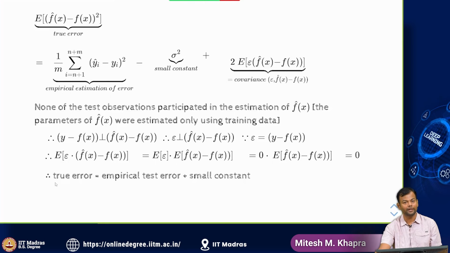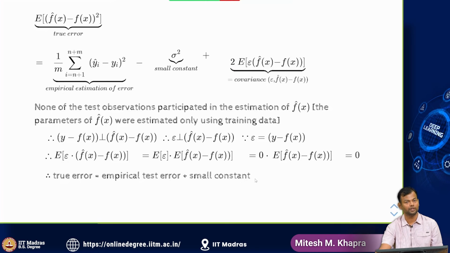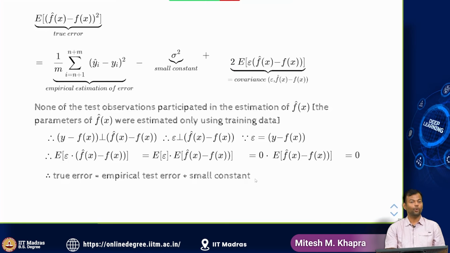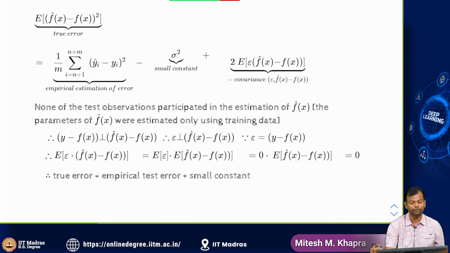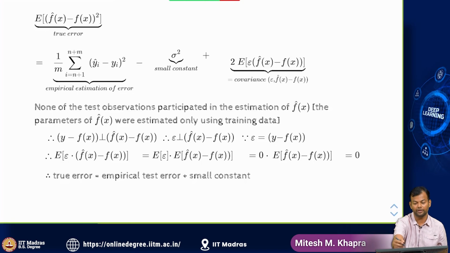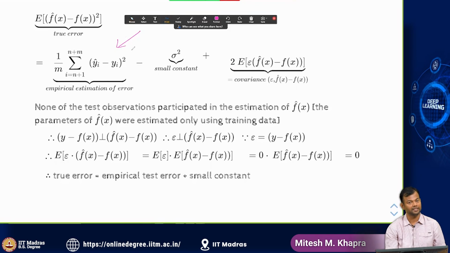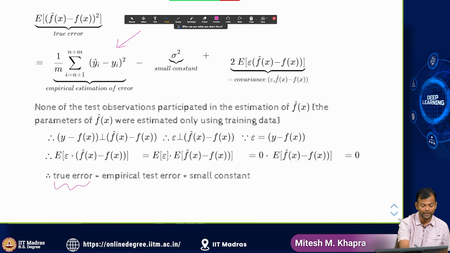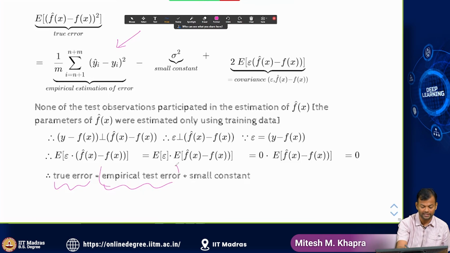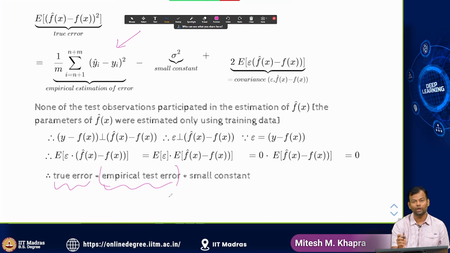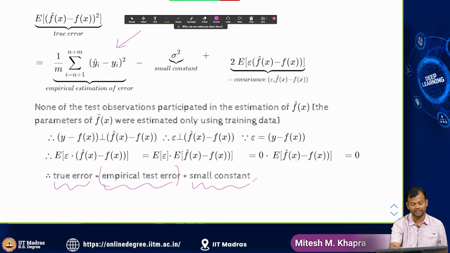So then the true error is actually equal to the empirical test error plus a small constant. So what does this mean? If you are going to estimate the true error empirically from the test data, which is the first quantity that you see here, then your true error is actually very close to the empirical test error. You are not making a very large gap, right, because there is just a small constant.